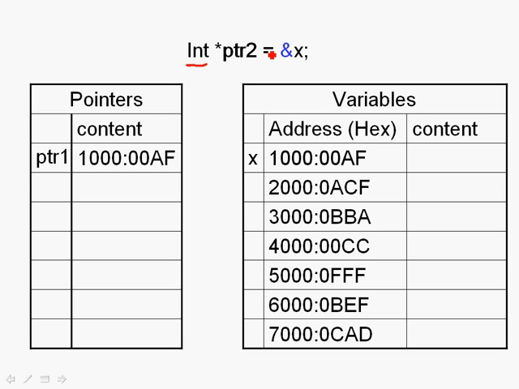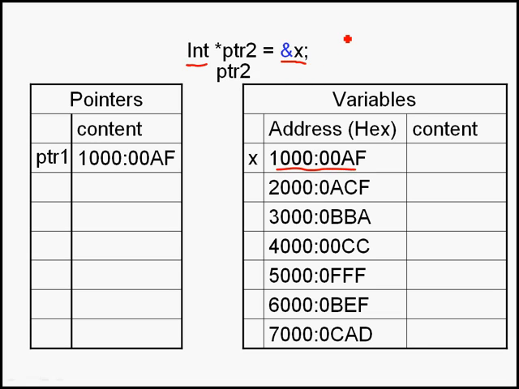It will equal the address of x. So I declared another pointer, ptr2, which will point to x. It will contain the address of x. It's the same: ptr2 equals the address of x.